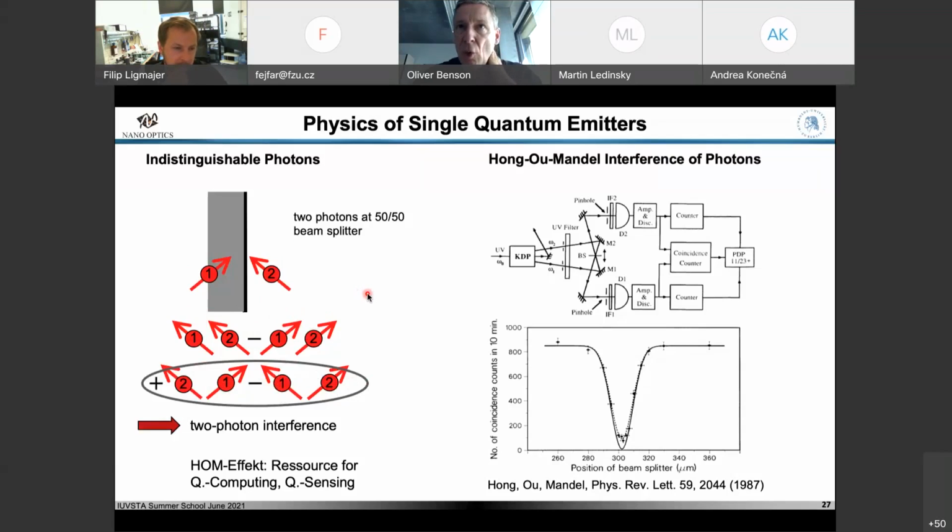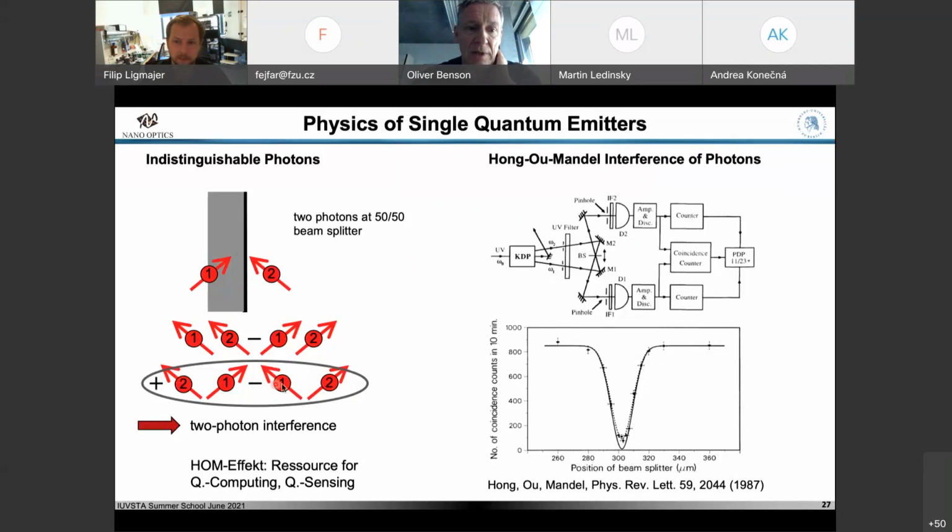And if there's no way that you can tell which of these scenarios is happening, then quantum mechanically, you do not have to sum up the probabilities, but the probability amplitudes. And since one of these photons is reflected at an optically dense medium and the other one is reflected at an optically not so dense medium, there's a negative sign here.